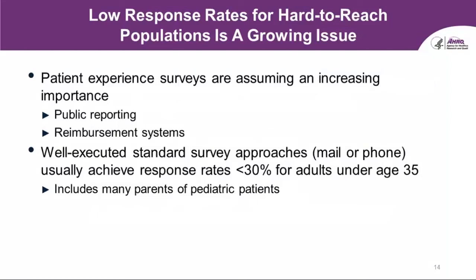The standard survey approaches using mail and phone usually receive lower response rates for younger adults under age 35, often less than a 30% response rate. We looked at it here in the context of the child HCAHPS survey because this population has a number of younger adults. In this case, the respondents are parents of pediatric patients.